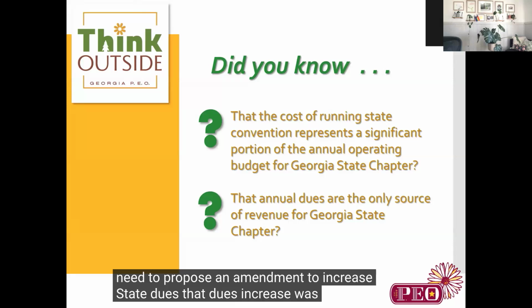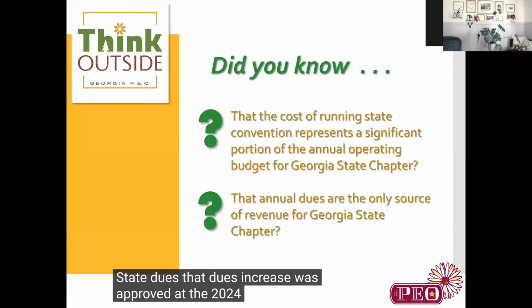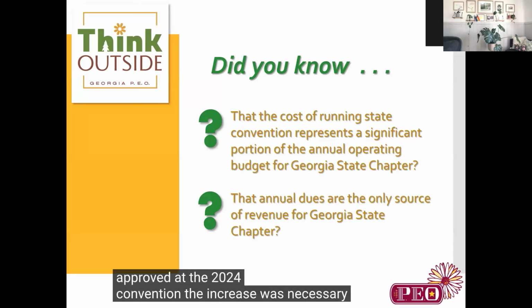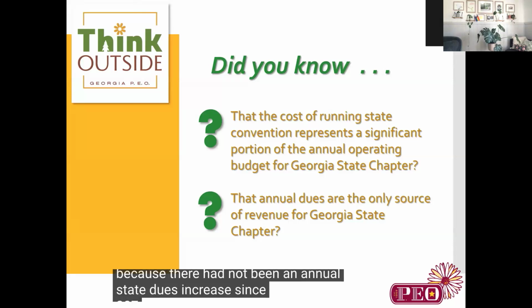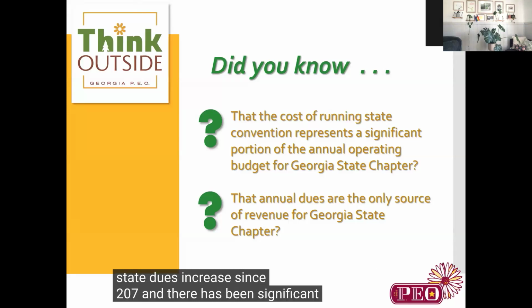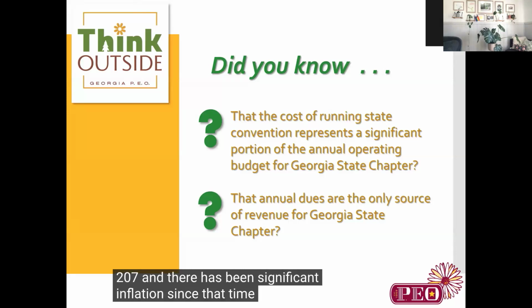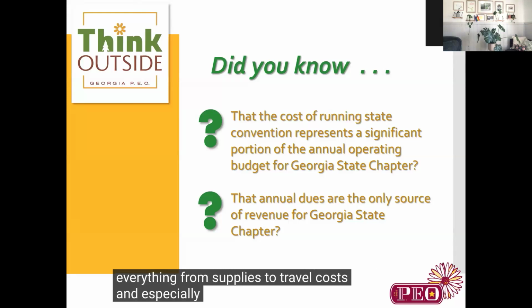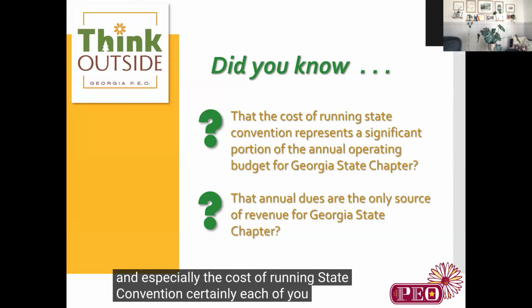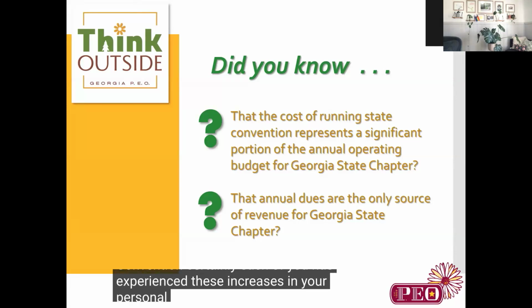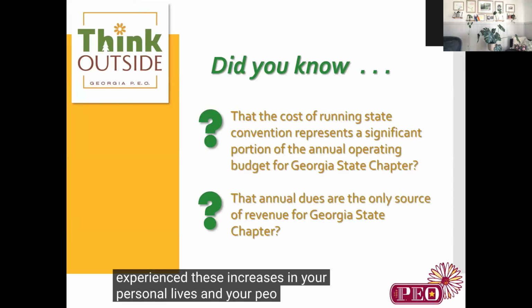That dues increase was approved at the 2024 convention. The increase was necessary because there had not been an annual state dues increase since 2007, and there has been significant inflation since that time, affecting everything from supplies to travel costs, and especially the cost of running state convention. Certainly, each of you has experienced these increases in your personal lives and your P.E.O. chapters.